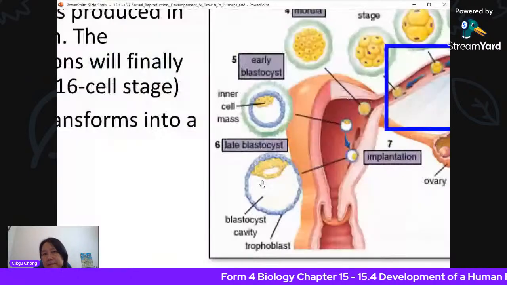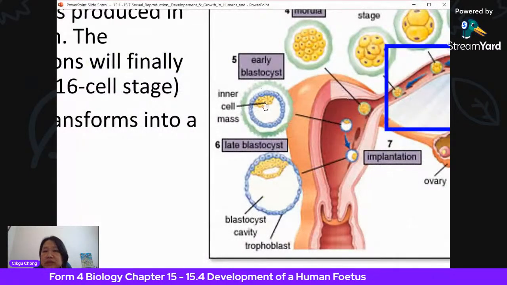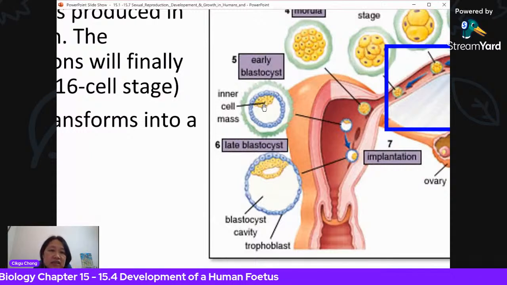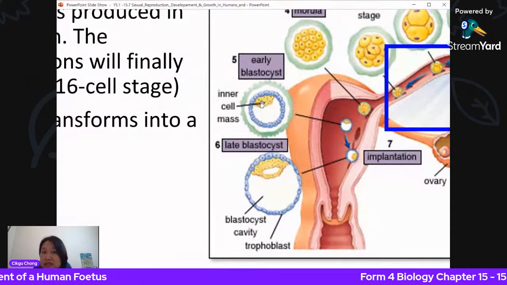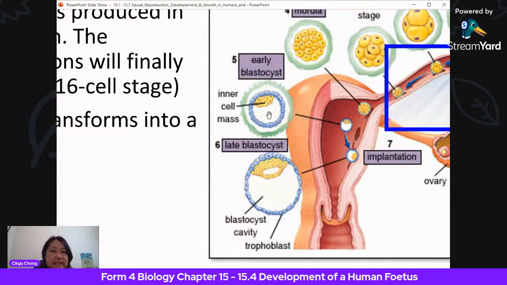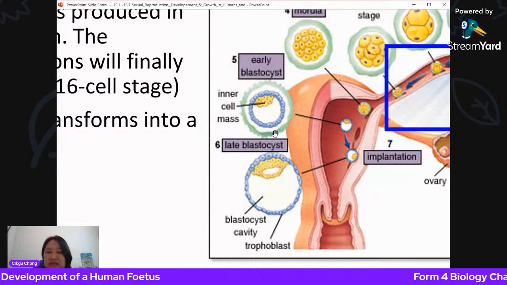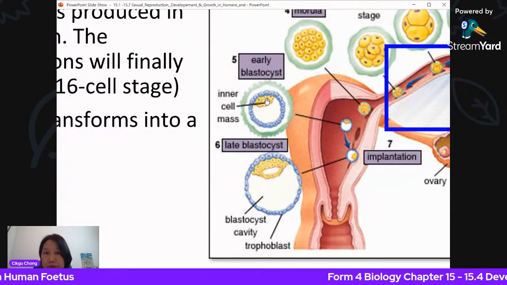Inside this blastocyst, there will be a group of cells called the inner cell mass. The one that is colored yellow here is the inner cell mass. You can see there's a space here, a cavity, because the cells move to one side. The outer side will form the outer part of it, but the inner cell mass is the one that forms the embryo.